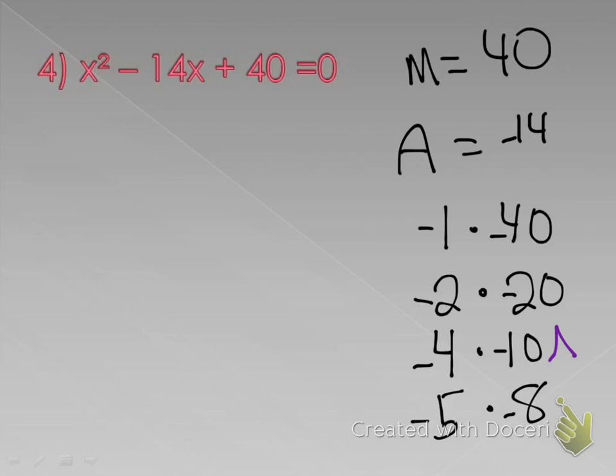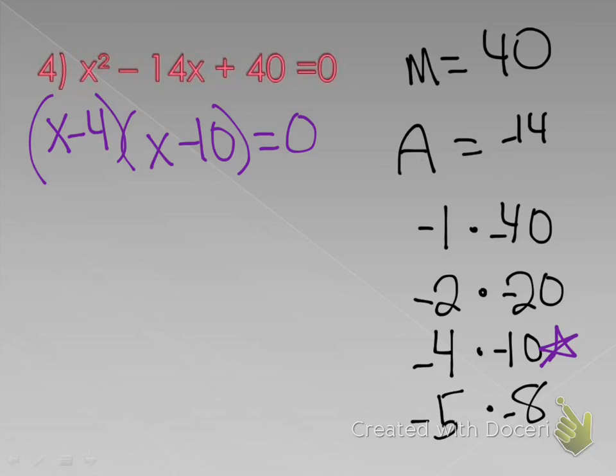The negative 4 and the negative 10. Good. So my binomials would be x minus 4 and x minus 10. Am I done with this problem? No. Now you use the zero product rule. So either this one equals 0 or this one equals 0.